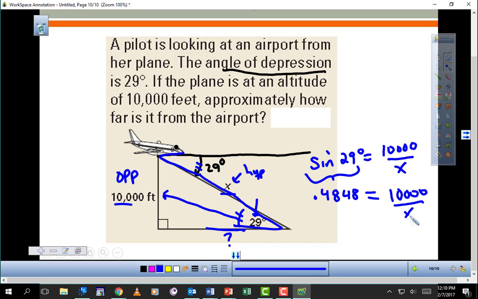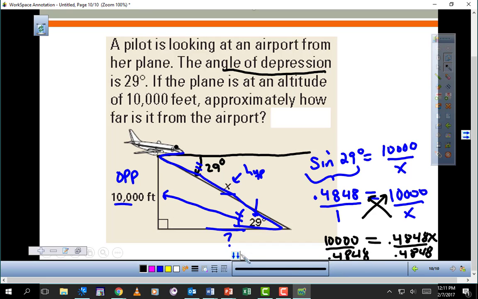And that's equal to 10,000 over x. Now you can set up this proportion and cross multiply. So I get 10,000 is equal to 0.4848x, and then I divide both sides by 0.4848.